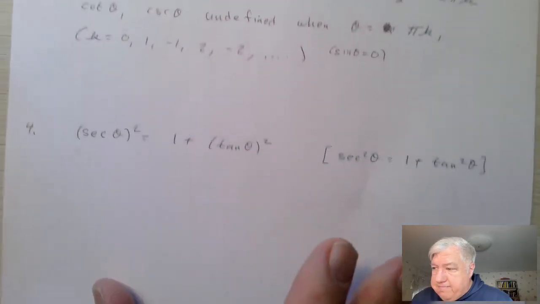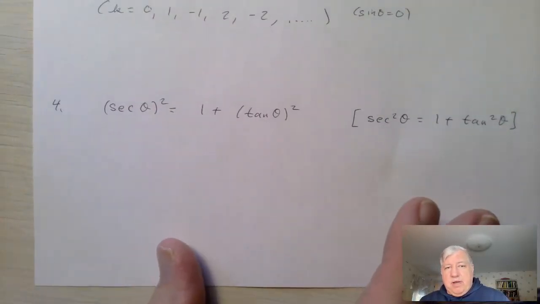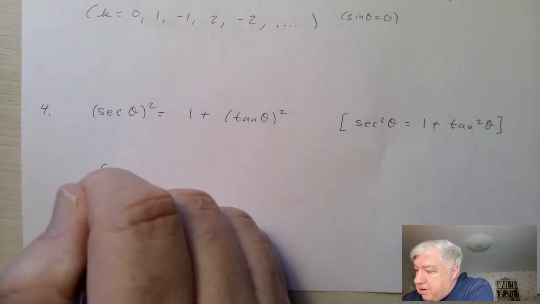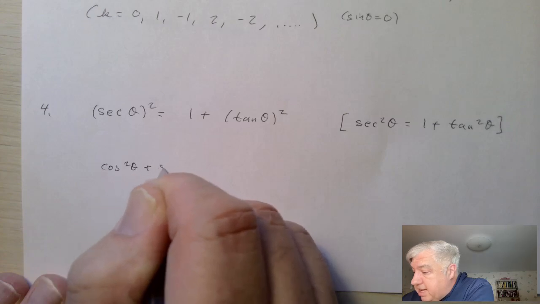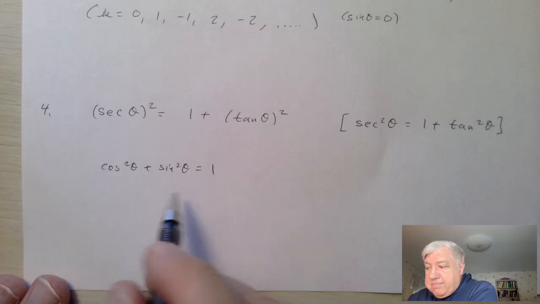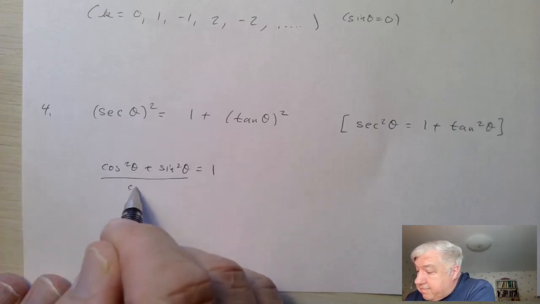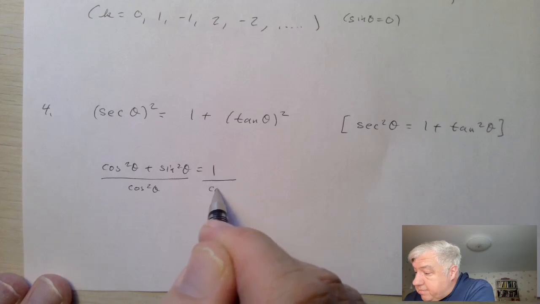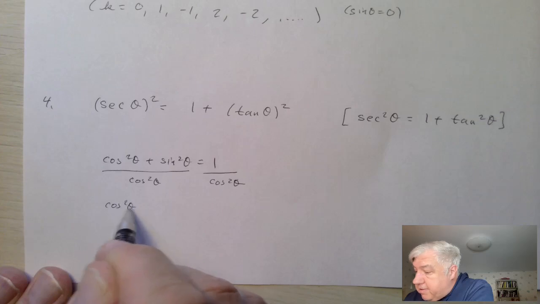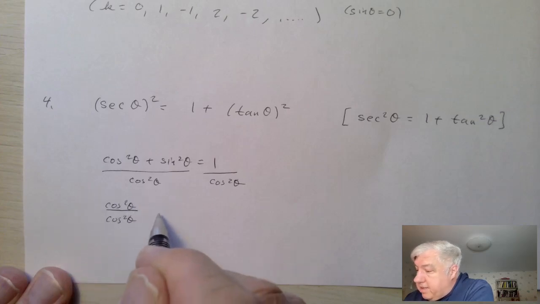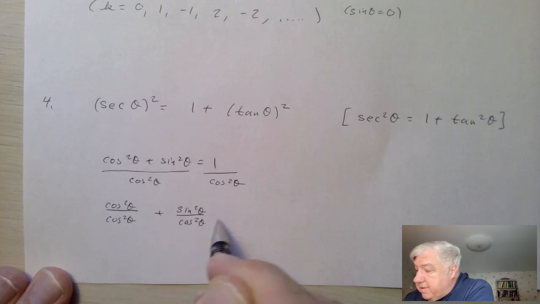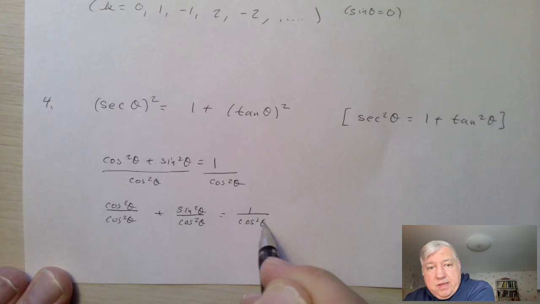Okay, the next two identities really come just from the fundamental identity. Remember, the fundamental identity said that cosine squared of theta plus sine squared of theta is equal to 1. Well, if you divide everything by cosine squared and break this up, this will be cosine squared over cosine squared of theta plus sine squared of theta over cosine squared of theta equals 1 over cosine squared of theta.